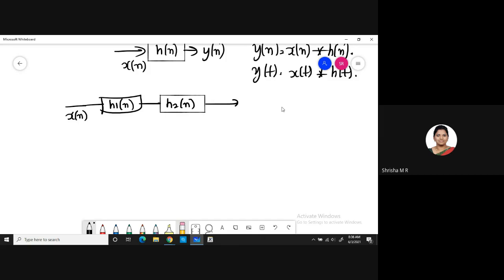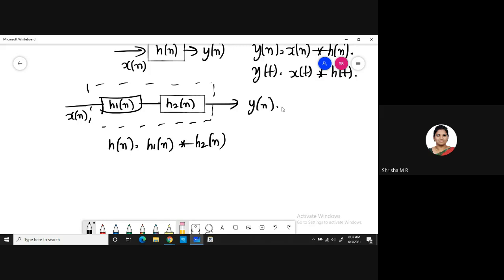If you have like this, you can write this as h of n is nothing but h1 of n convolution h2 of n. You can replace this h1 of n and h2 of n as h1 of n convolution h2 of n, if systems are in series. If two systems h1 of n and h2 of n are in series, you can replace h of n as h1 of n convolved with h2 of n.